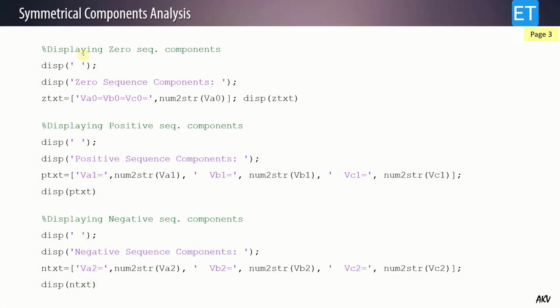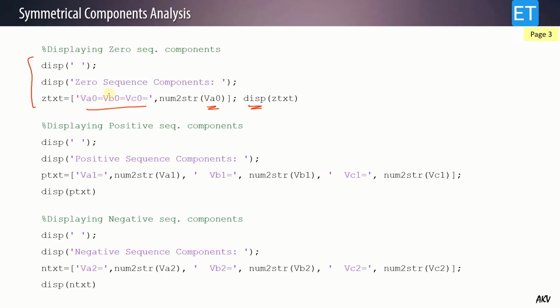And to display the values in the command prompt area, these are the codes. I'm displaying the values in Cartesian form. With this display function, I am displaying the value of VA0, the zero sequence component, and this text will also be printed.